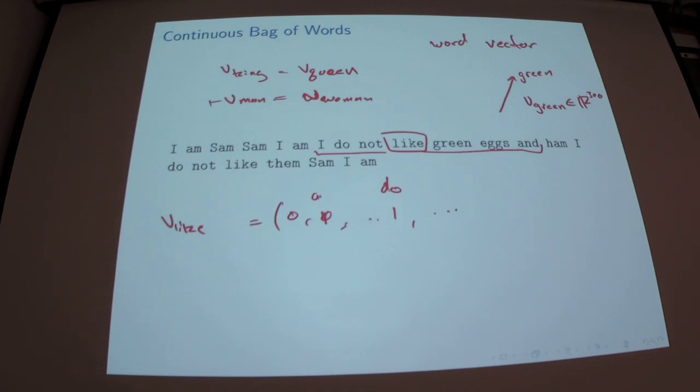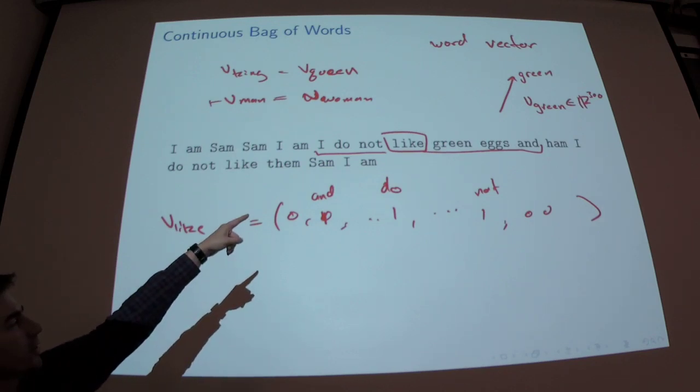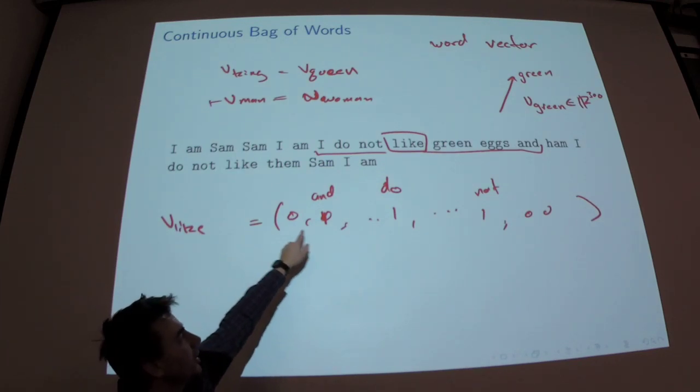There's a 1 here for the word and, whether it includes likes or not is not important. It's going to have 1 for the word not, and so forth.